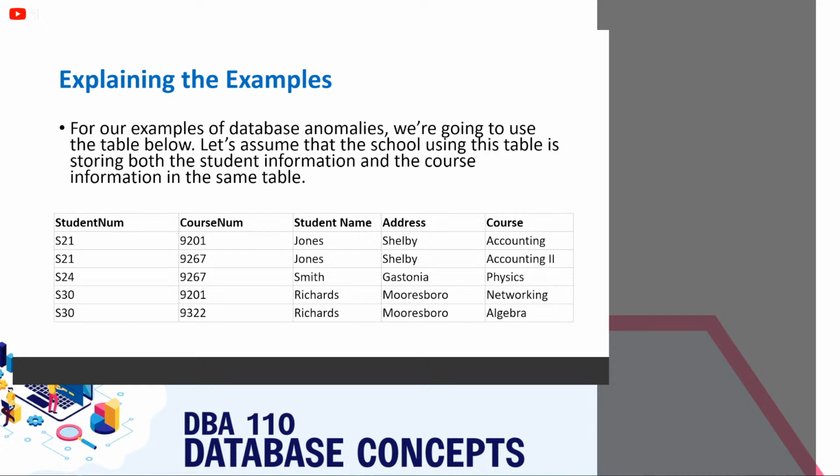An argument could be made that this table is in first normal form, because if we look at it using the qualifications of first normal form, well, one of them is that using row order to convey information is not permitted, and row order doesn't matter here, so that's a check that it meets first normal form.